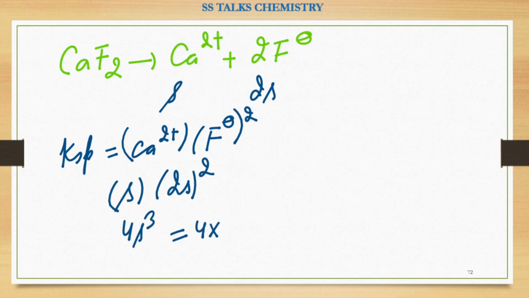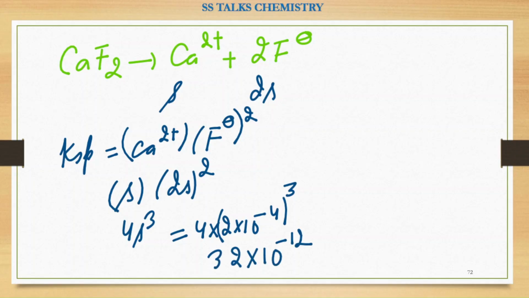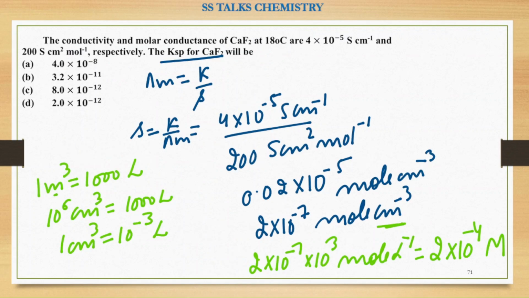That means 4 into 2 into 10 raised to the power of minus 4, its cube, right? So 32 into 10 raised to the power of minus 12 we will be getting, or we can write it as 3.2 into 10 raised to the power of minus 11. This is going to be the KSP value that is given to us in option B over here. So B is the correct answer in this case.